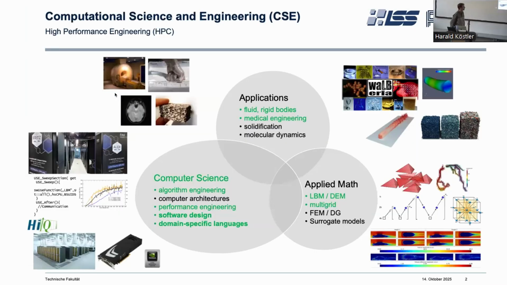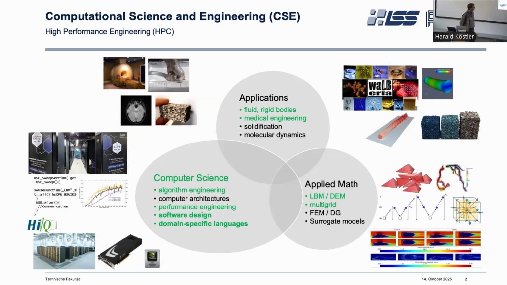So a very short introduction, what we are doing. Our chair is active in the field of computational science and engineering. And therein we are, as Georg has already mentioned, focusing on the computer science part.